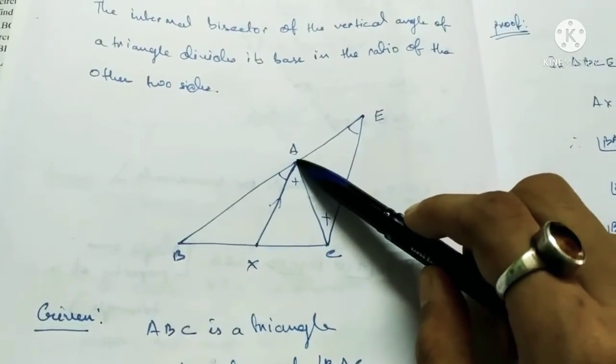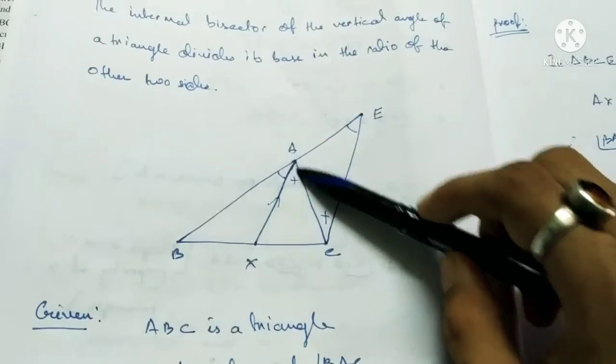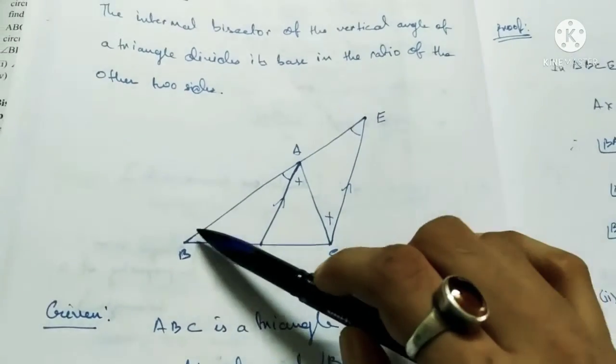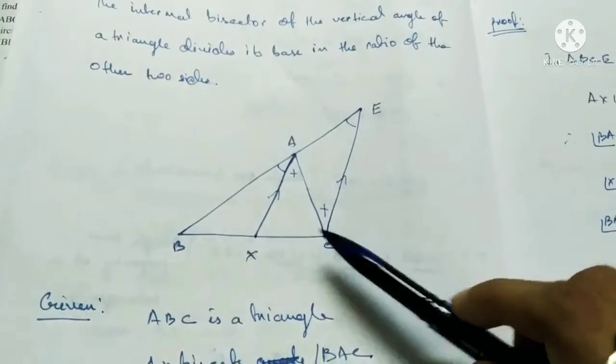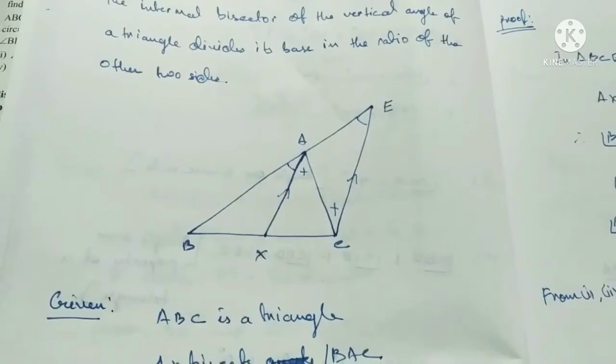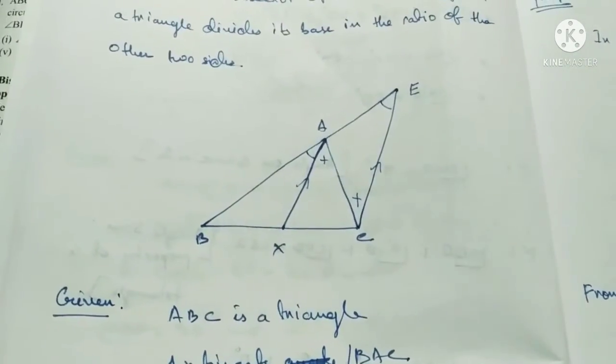Instead of writing AE, since AE equals AC, I will write AC. So I will get BA by AC is equal to BX by XC. Proved. This is our proof. That much only there.